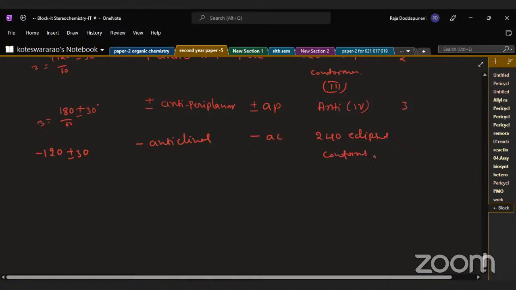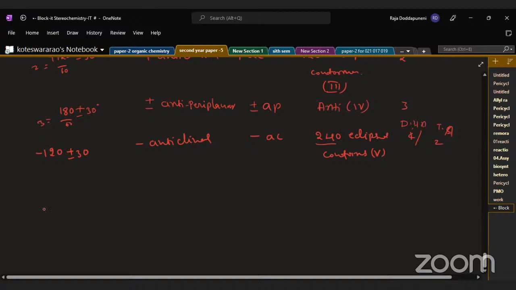It is the multiple of 4. Actually, the dihedral angle is considered a multiple of 4 into 60, 240. As per the dihedral angle, multiple of 4. As per the torsional angle, multiple of 2.